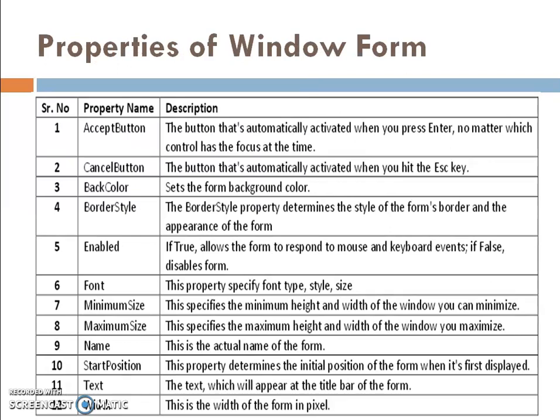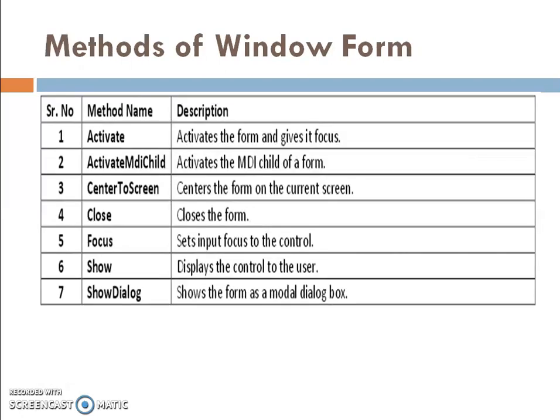These are different types of properties of a window form, like AcceptButton, CancelButton, BackColor, BorderStyle, Enabled, Font, MaximumSize, MinimumSize, Name, StartPosition, Text, Width, etc. They represent the attribute values of a window form. Now, methods of a window form.